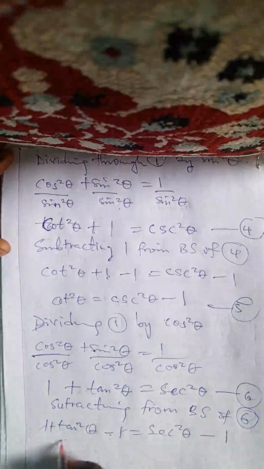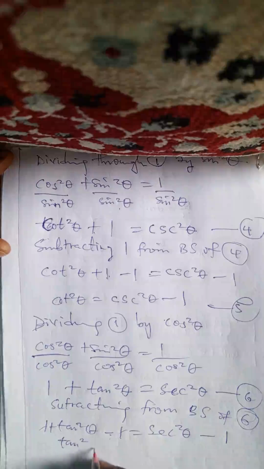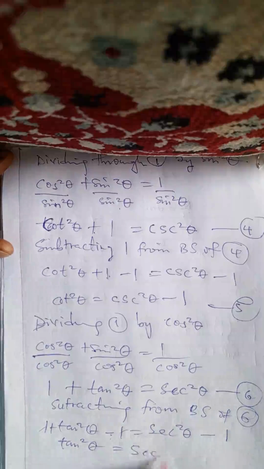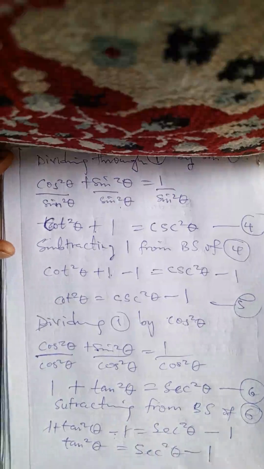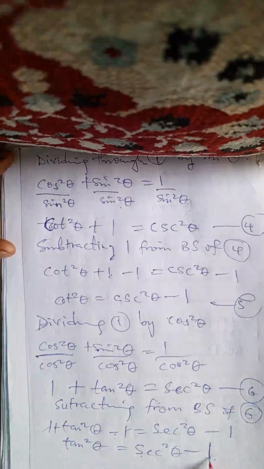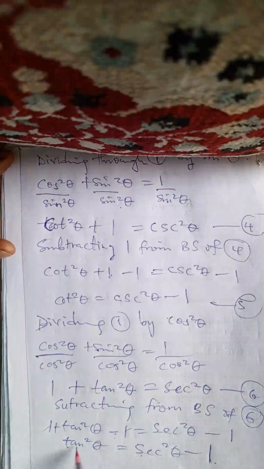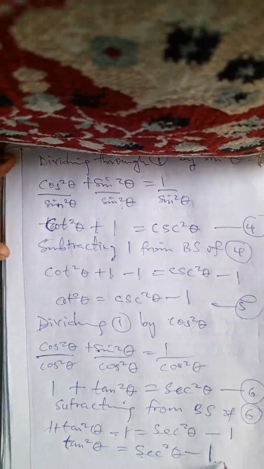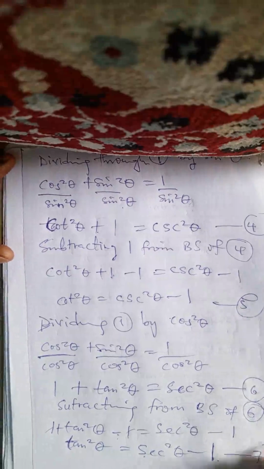So 1 will cancel 1. You have tan square theta is equal to sec square theta minus 1. Whenever you see sec square theta minus 1, you just write it as tan square theta. And so you have equation 7.